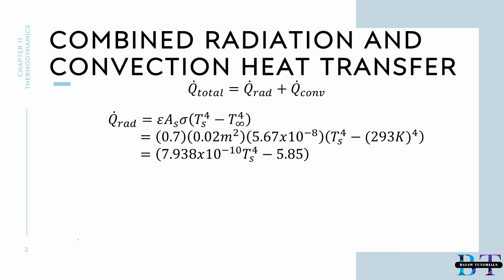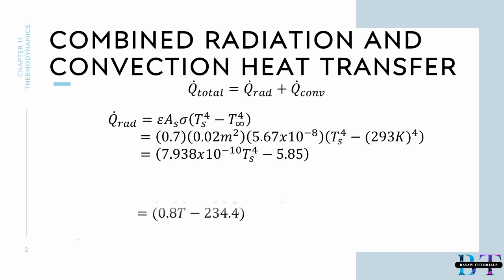Simplifying that, we'll have 0.938 times 10 raised to negative 10, times our T sub s raised to 4, minus 5.85.